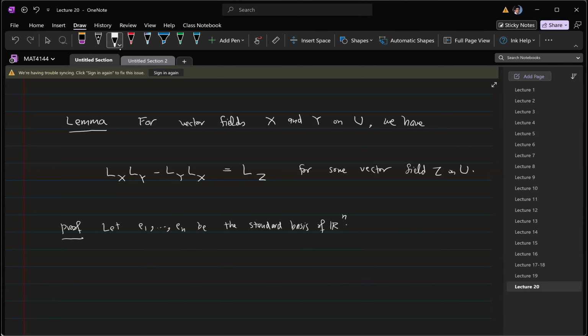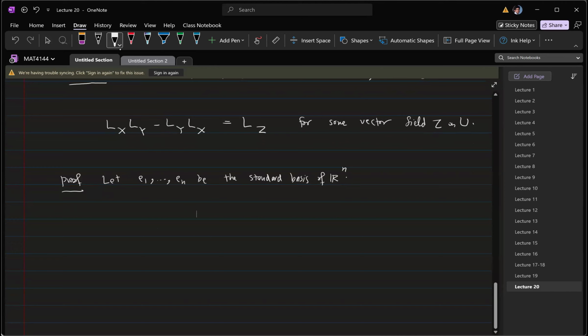So then we can express both X and Y in terms of this basis. In other words, each of the e_i can be thought of as a constant vector field. It's always pointing in the direction of e_i. And so X_p for every p can be written as a sum, sigma a_i(p) e_i, and Y_p also can be written as sigma b_i(p) e_i.